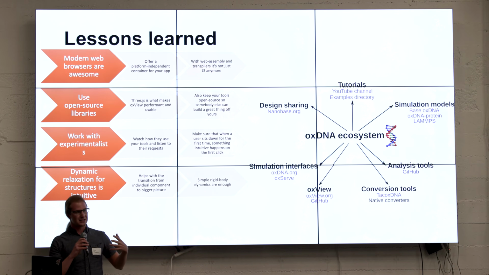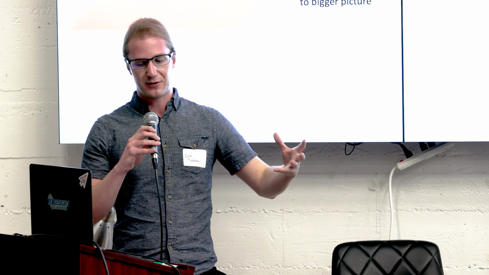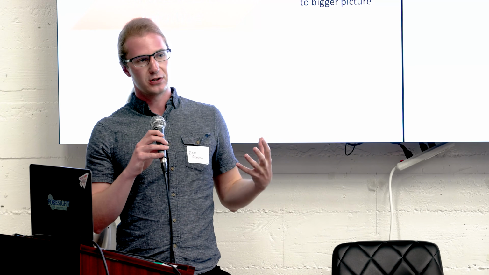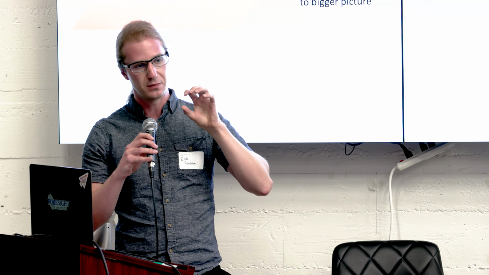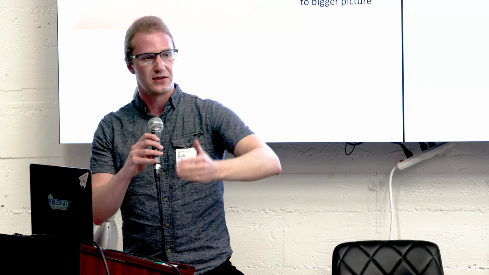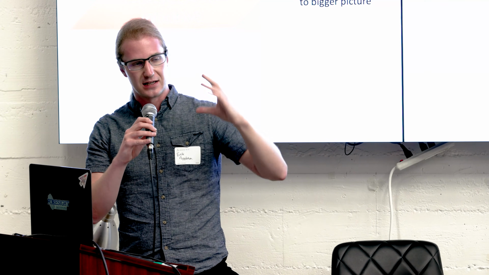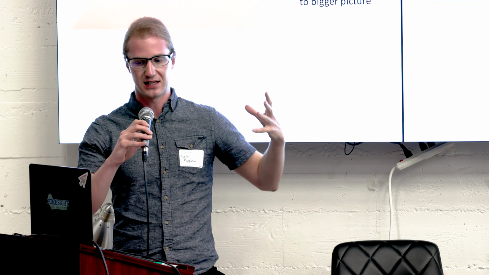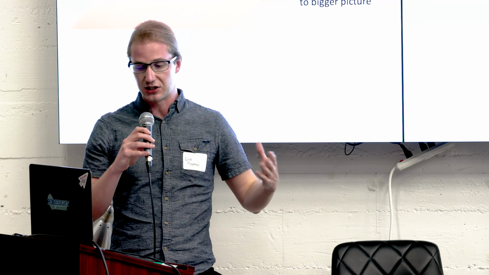Third thing, and this is when you're preparing for simulations, one of the steps that can be the most difficult is relaxing structures. And so OxView has this nice built-in relaxation algorithm that really helps prepare things for simulation, and it's also really great from the design perspective because it lets you zoom in on an individual unit you'd like to optimize, and then zoom out from the nucleotide to the helix to the bundles of helices levels, and then look at things both from the 2D and then into the 3D orientation.